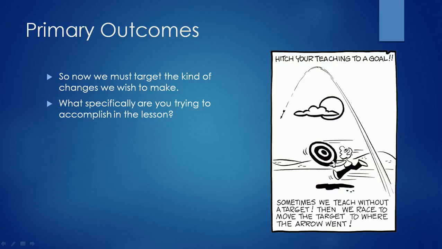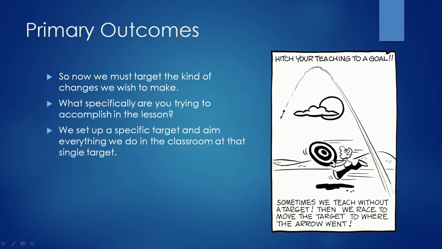So we're going to begin with focusing on primary outcomes. We set up a specific target, and we aim everything we do in the classroom at that single target. Okay, we set up a target. I want to accomplish this in this time.